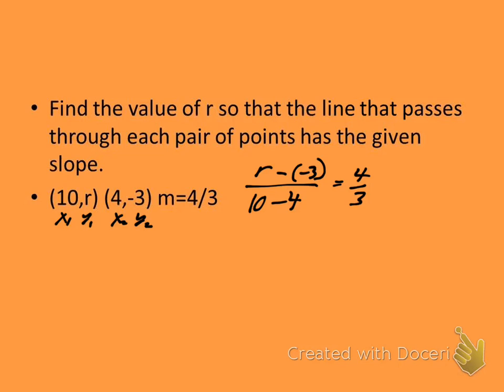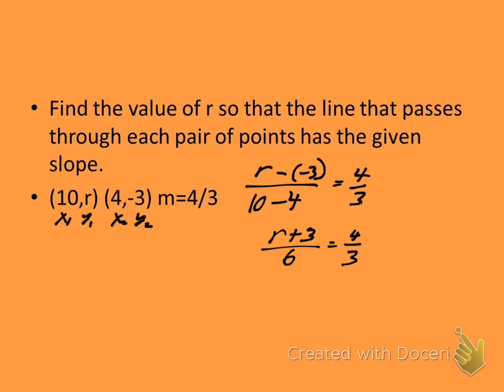Now, once you have that plugged in, you've got some cleaning up you can do. The top, you can make r minus -3 what? R plus 3, good. The bottom, 10 minus 4 is 6, equals 4/3.